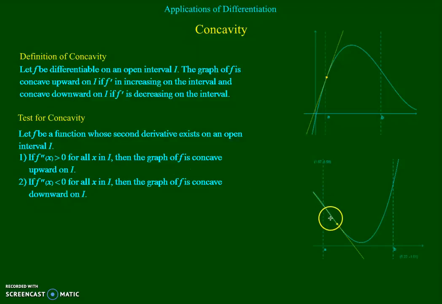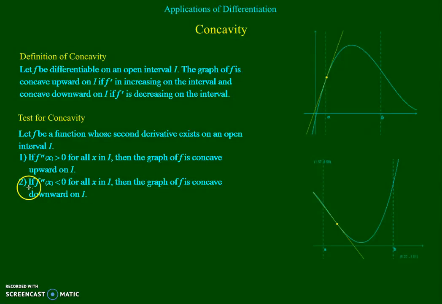Over here we said the slope of the tangent line was getting more and more positive, so that means the slope of the tangent line is increasing. That's what this is talking about: the rate of change of the rate of change, the second derivative, is positive on that interval. The function is concave up.